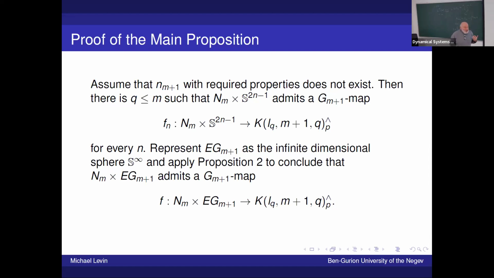And the beauty of the periodic completion is that if you take the model of the contractible space EG with the free action of G, we can construct a map, replacing it by the contractible space. This is the specific property of periodic completion.